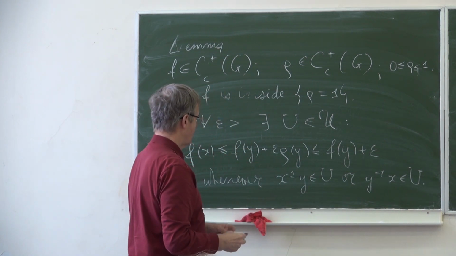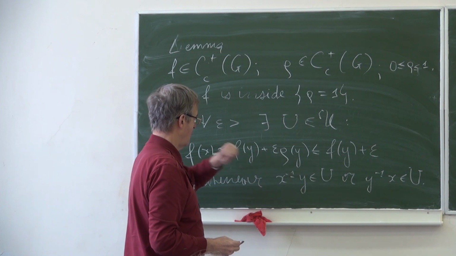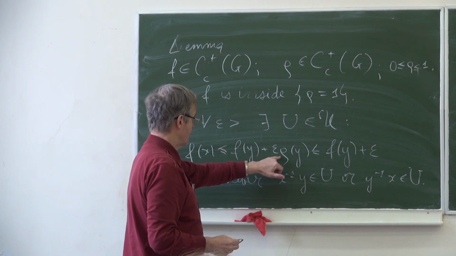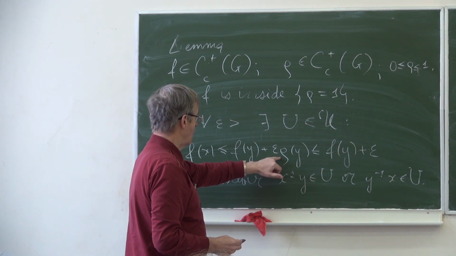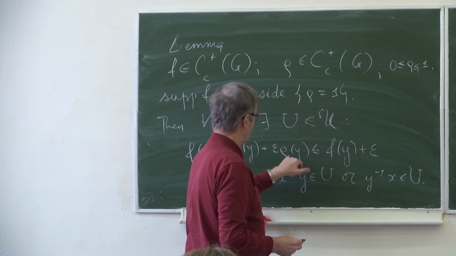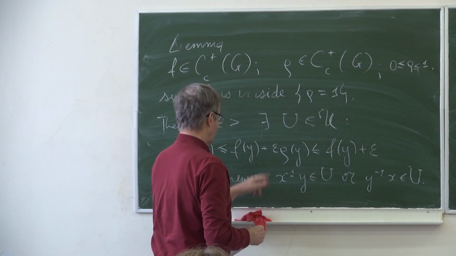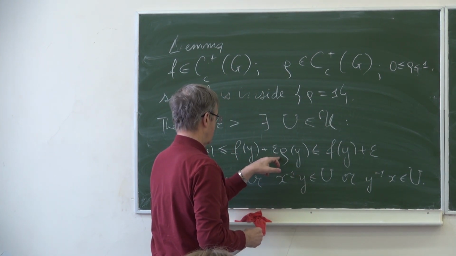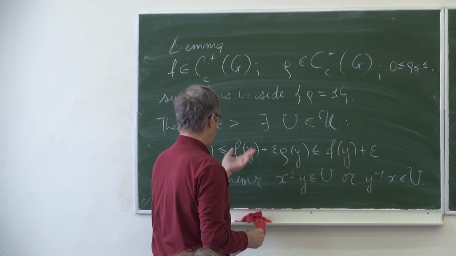I remind you that this rho was of technical nature, and if you forget about this rho, well, in principle, this is automatic because rho is between 0 and 1. And here we can simply erase rho.